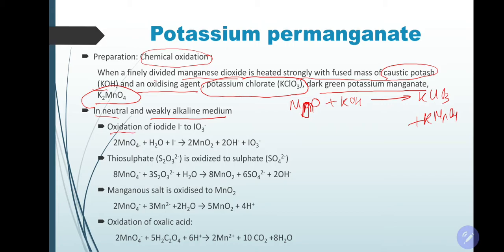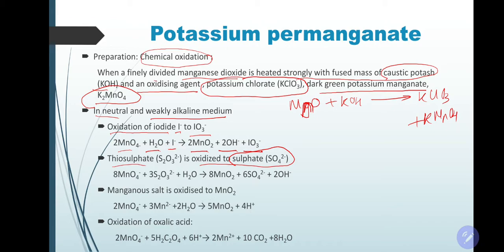The oxidation of iodide from I minus to IO3 minus: 2MnO4 minus plus H2O plus I minus gives 2MnO2 plus 2OH minus plus IO3 minus. Now thiosulfate is oxidized to sulfate.